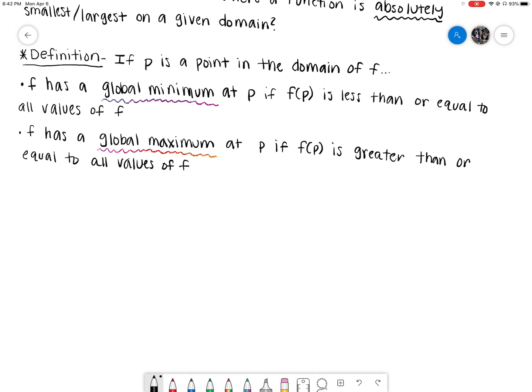So, okay, well, we know we can find local minima and local maxima, but are we always able to find global minima and global maxima? So it turns out not always. So when do global extrema exist?